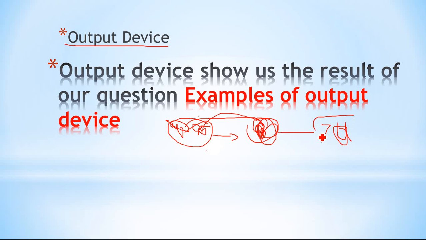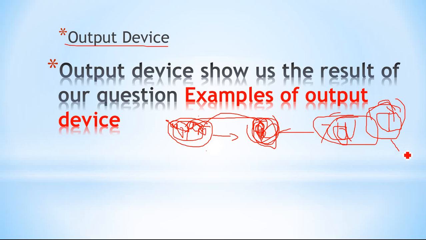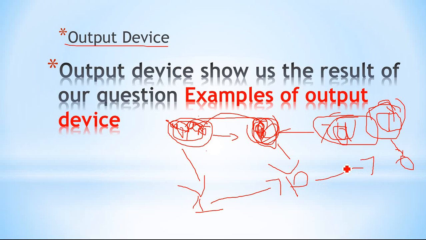Then it will give us the output. Milk and coffee beans are the input, the mug or jar is where the process happens, and then we get the output. We take a mug and put the coffee in it. This is our output, this is our process, and this is our input. Our computer works like this only. It works in the form of IPO. What does it mean? Input, process and output.